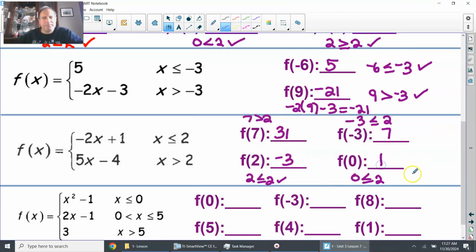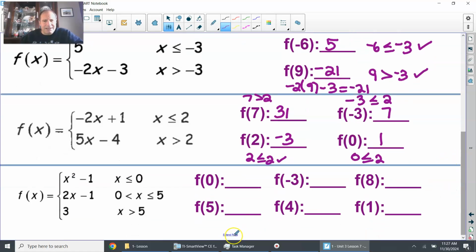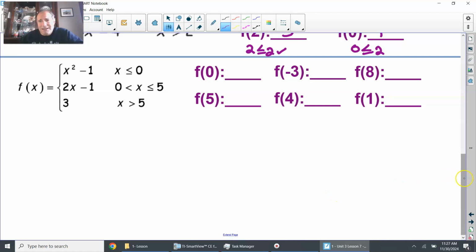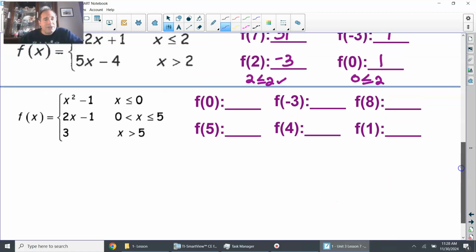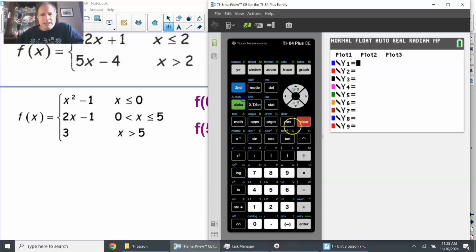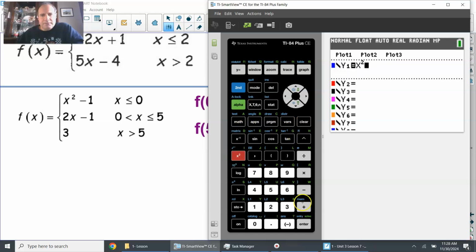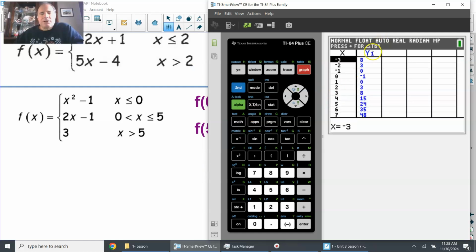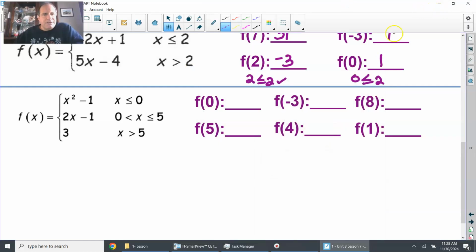That's it. That's why I like this one a little bit. It's a little bit easier for me. I don't know if it's going to be easier for you. But so now we have x squared minus 1. So I'm just going to go and put x squared minus 1 in, and then press second function graph. I don't really care what the graph looks like. All right, so 0, I'm just going to stick with this.